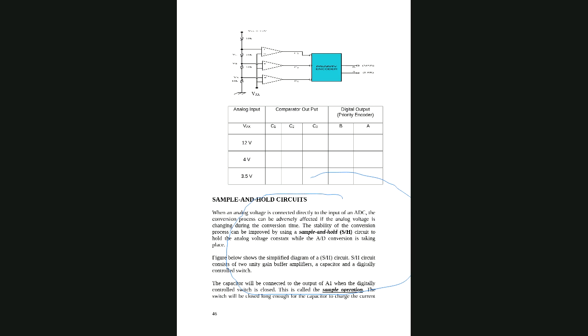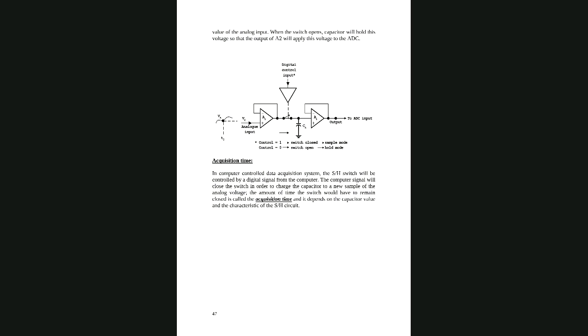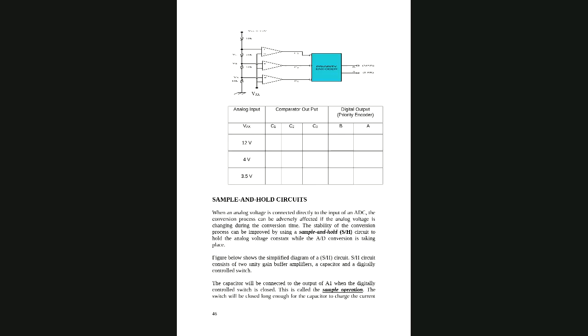Means one analog input is there and converting, and you send another analog input. It doesn't make sense, right? So this is what he's saying: it is converting, it is changing, and you send another one.